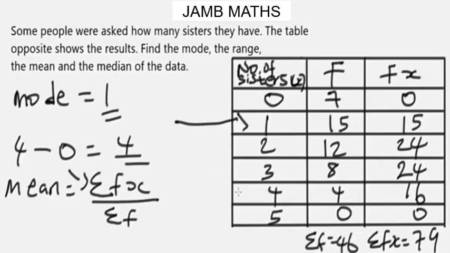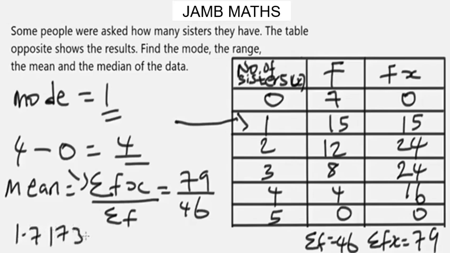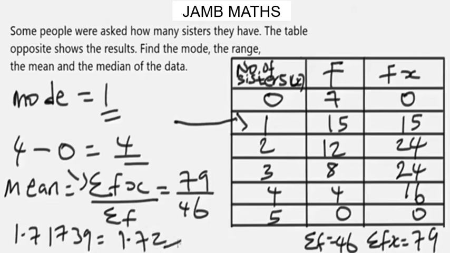Now when you plug in these values for the mean, which is the average, you have 79 divided by 46. When you punch it in the calculator, you have 1.7173. Leaving it in 3 significant figures gives us 1.72. So that is the answer for the mean.